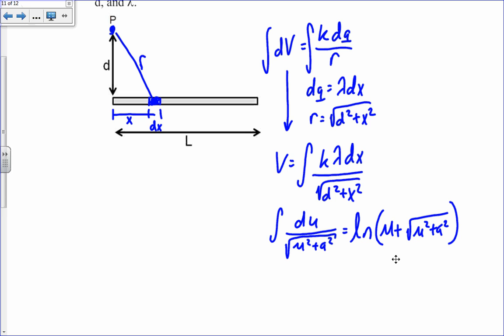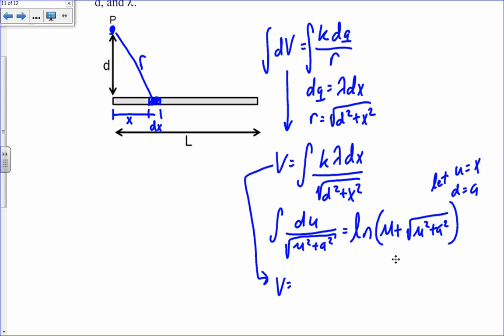All right, so I'm going to follow that form and do this integral, letting u equal x, d equal a for this form. And then my integral works out like this.